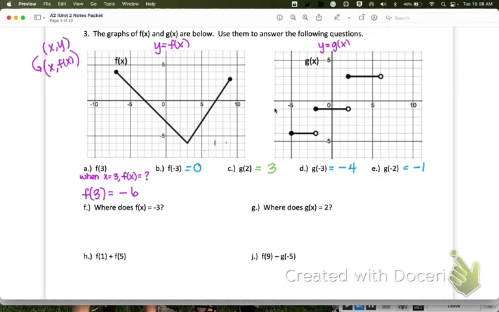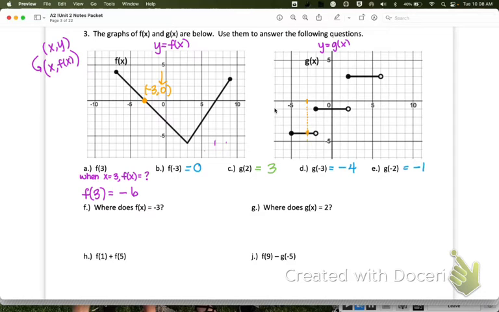All right, so for B, f of negative 3 is equal to 0. When x is negative 3, this is where the graph is. That's the point negative 3, 0. The y value is what we're looking for. For D, g of negative 3, this one's a little bit interesting. Here's negative 3. The graph is down here.